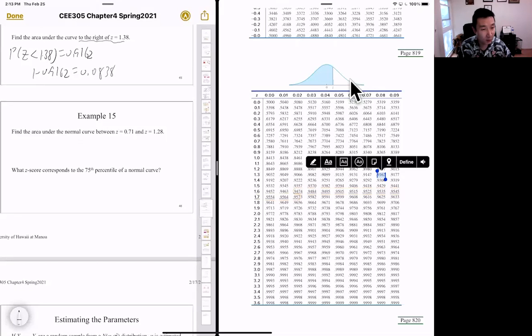Next, find the area under the normal curve between two values, 0.71 and 1.28.